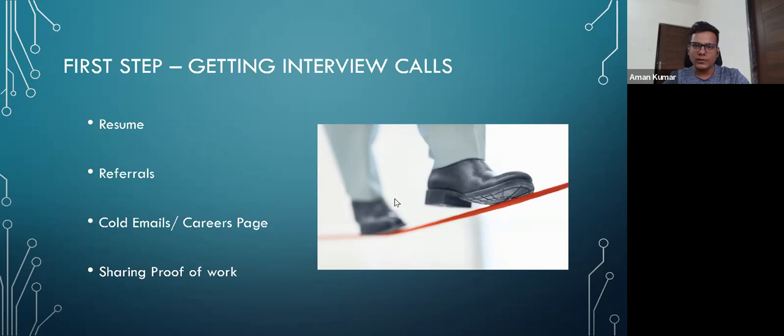So sharing proof of work is a very important thing, I think. Since COVID, this has become more important, since most things have now shifted online. And having proof of work really increases your chances of getting hired by a big tech company.